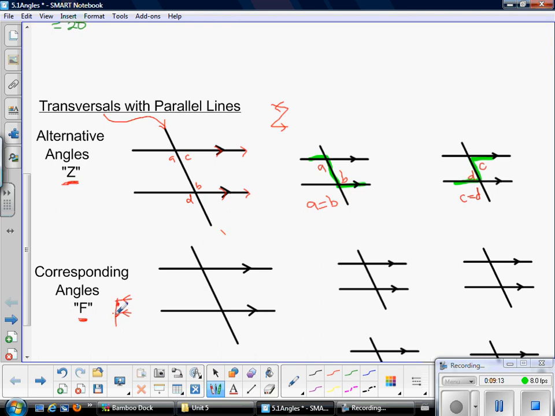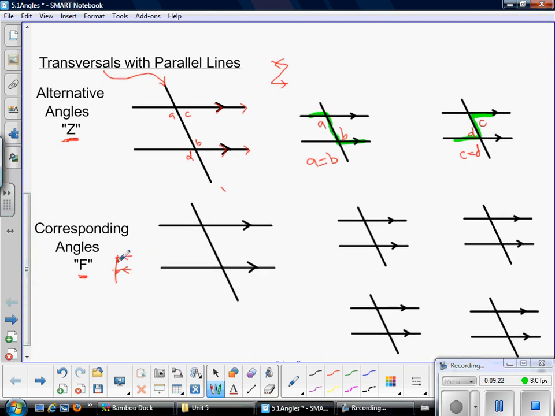Okay, so those are the angles we're looking at when we're talking about corresponding angles. And what's nice about them is they are equal. So if I know one of them, then all I have to do is find the F pattern and then I have the other one.